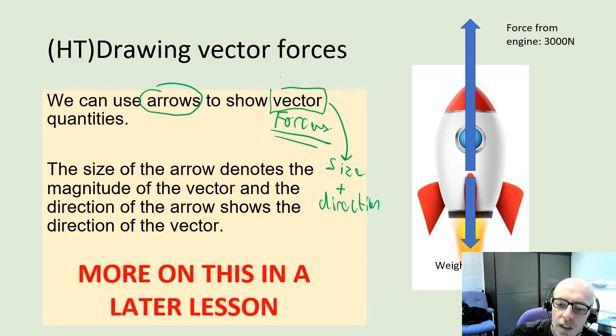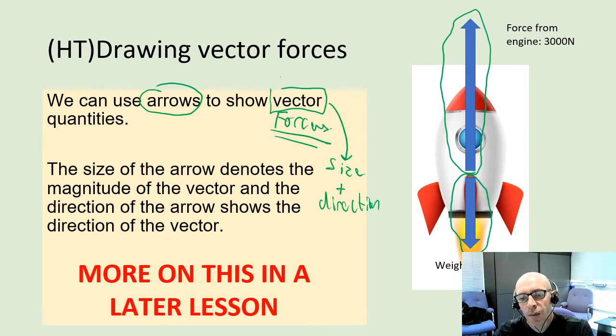And this is an example of that. Here is a rocket, and look at the two arrows. This arrow at the top here is much, much bigger. So we draw them to scale as much as possible. And this is showing that there's two forces acting upon this amazing spaceship. This is Mr. Phillips's spaceship, and this is how he travels home to Venus every evening, because obviously you know that Mr. Phillips is an alien.